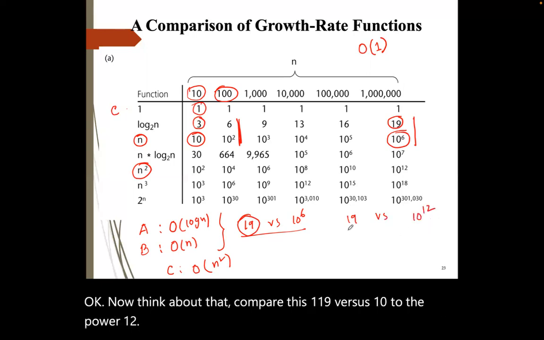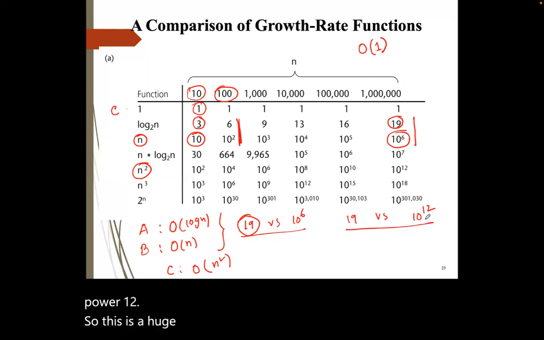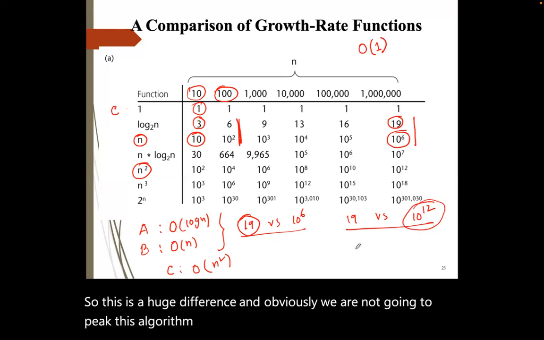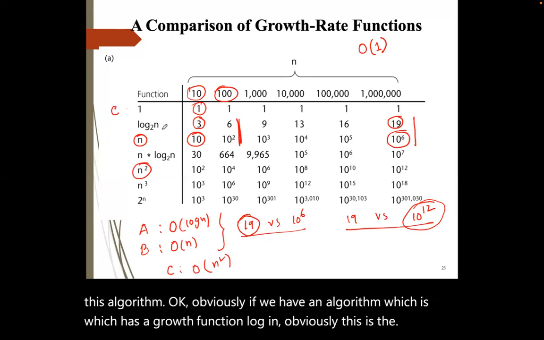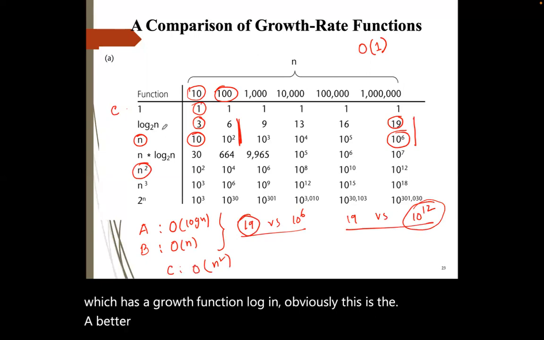This is a huge difference, and obviously we are not going to pick this algorithm. If we have an algorithm which has a growth function log n, obviously this is the better one. This is the one we are going to pick.